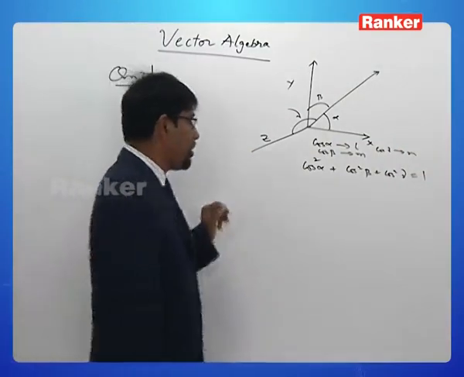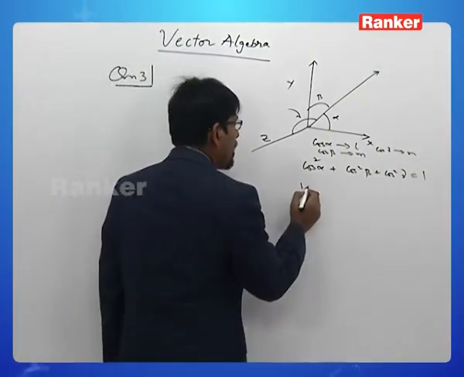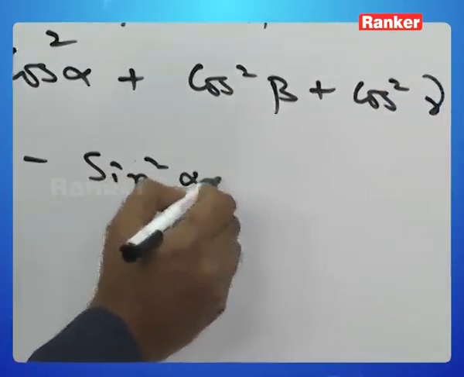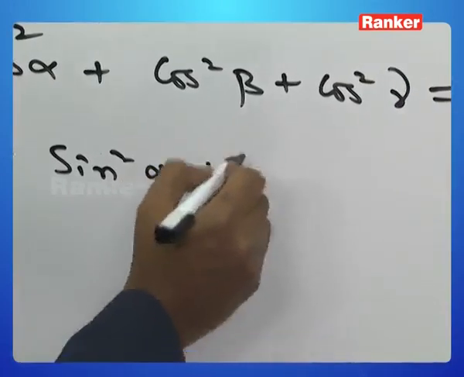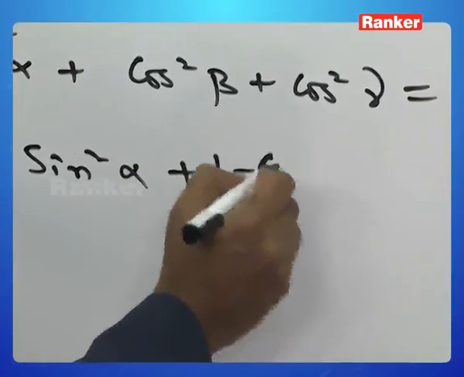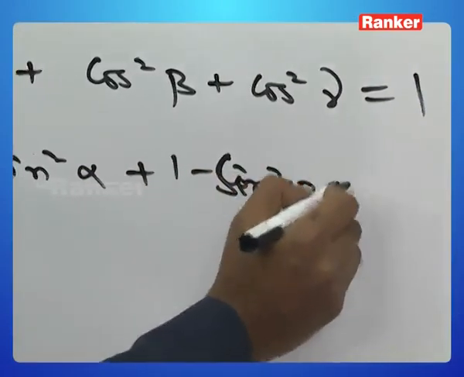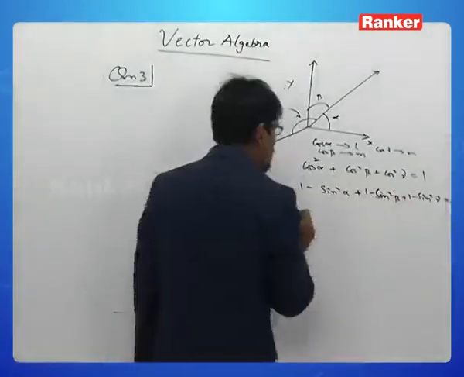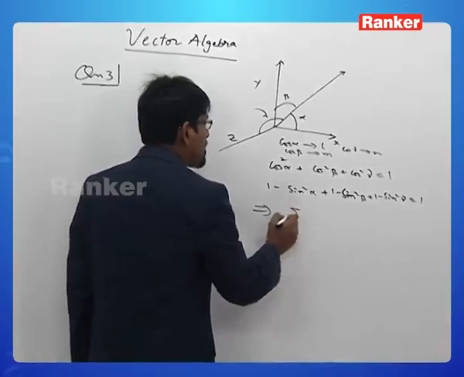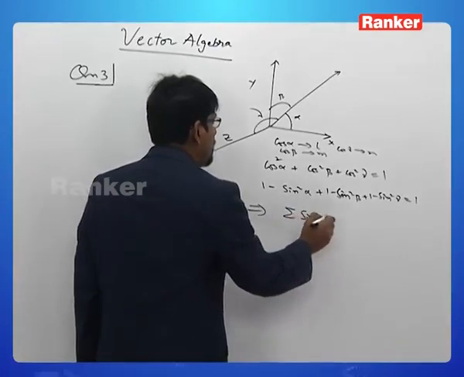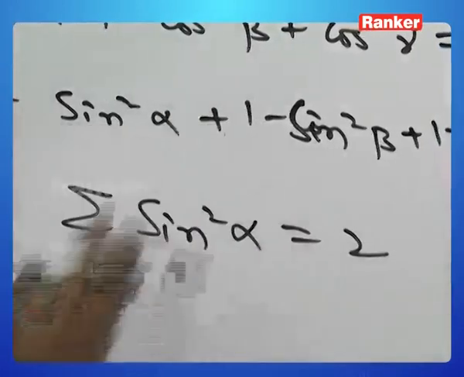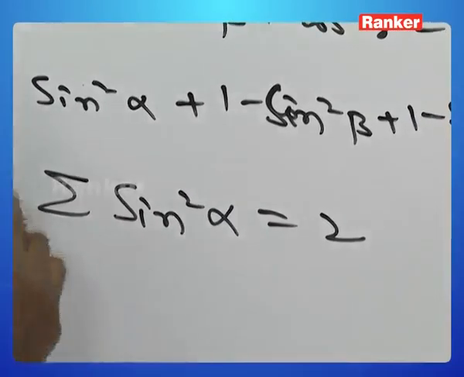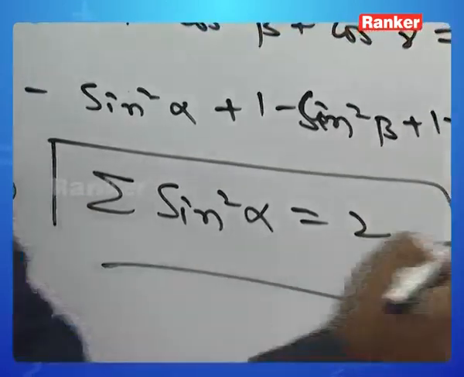So I can write this as 1 minus sin square alpha plus 1 minus sin square beta plus 1 minus sin square gamma is equal to 1. This in turn implies that 3 minus sigma sin square alpha is equal to 1, which means that sigma sin square alpha is equal to 2.